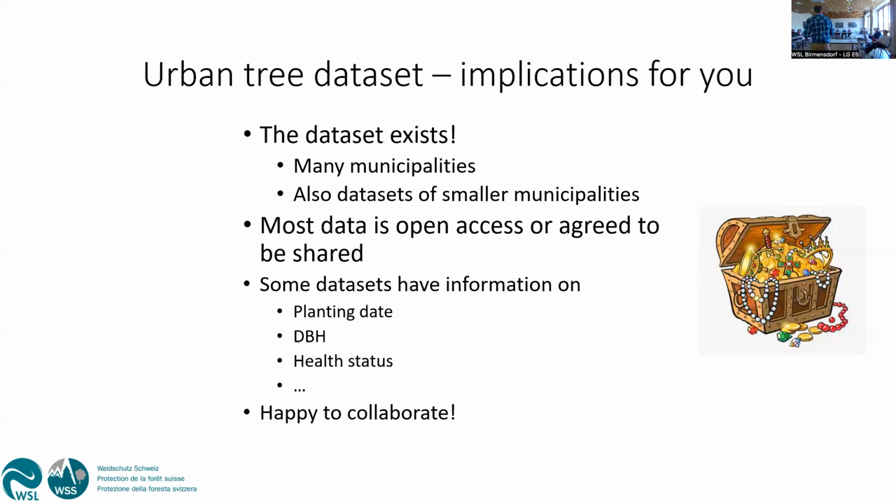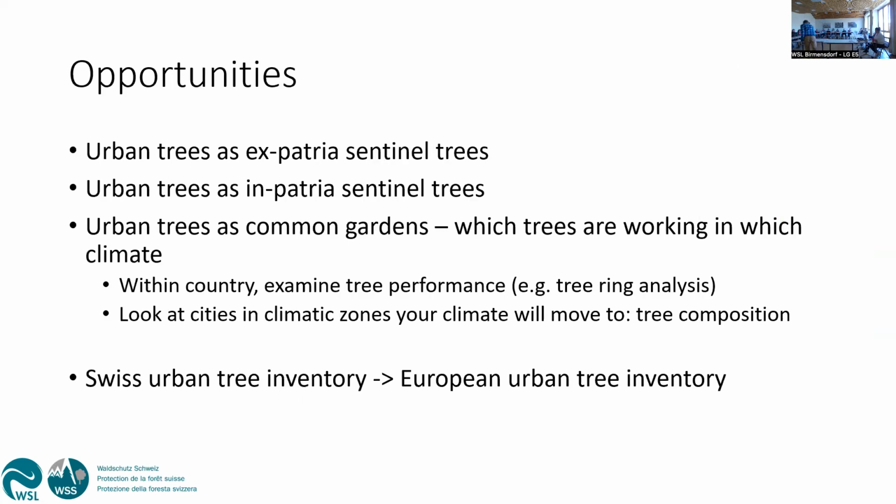Basically, if you want to take anything with you from this talk, it's that there's a pretty cool data set here. I'm happy to collaborate, so if you have specific questions about this, just let me know. There are a lot of opportunities in this.